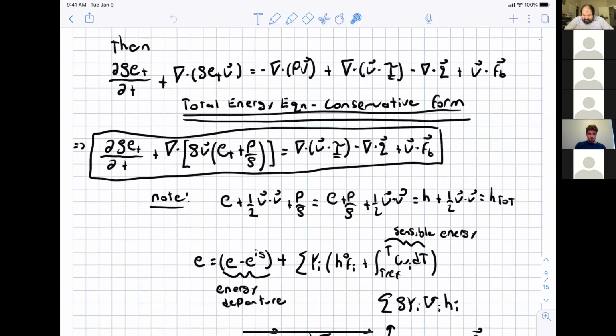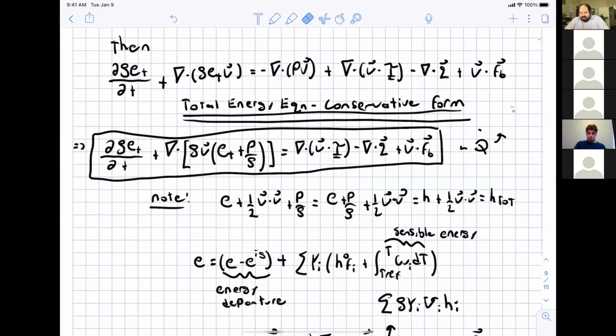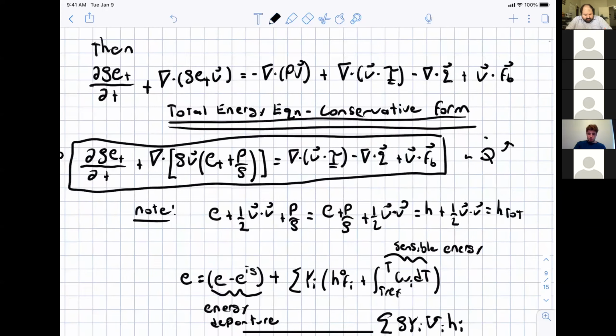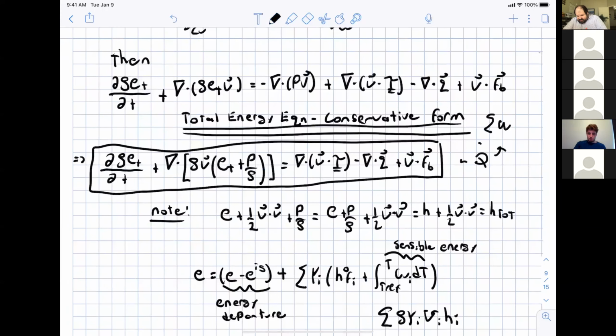Now, it's a classic homework problem, but if you remove the enthalpy of formation from your definition of the energy, then you have an additional heating source term, minus Q dot, where Q dot equals the sum of omega dot i h_f,i naught.